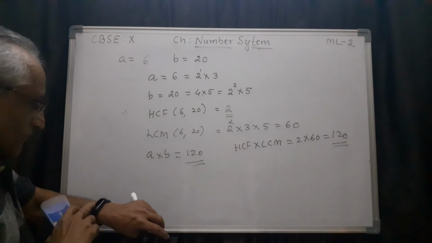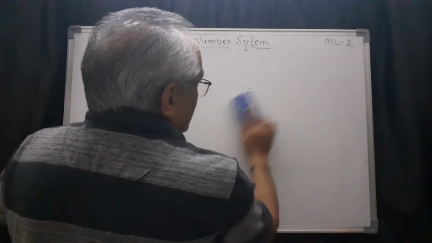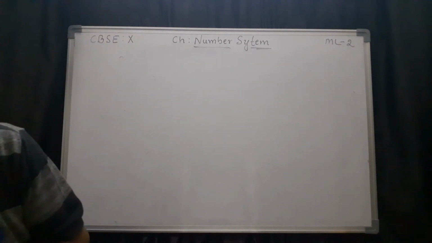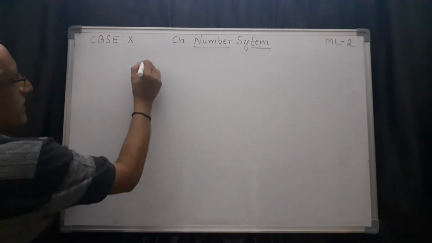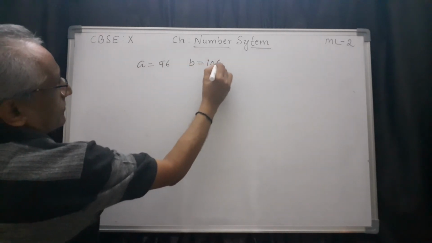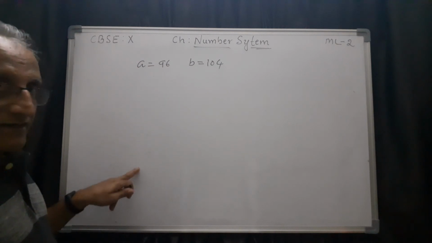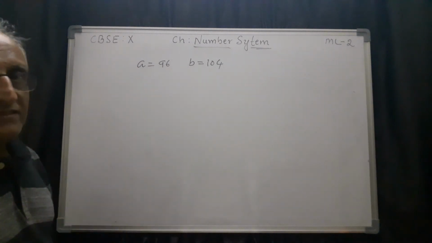Now let us take one more example. Let us say a equal to 96, b equal to 104. So first what you have to do, we have to write the prime factorization. Then using that we have to find HCF and LCM.